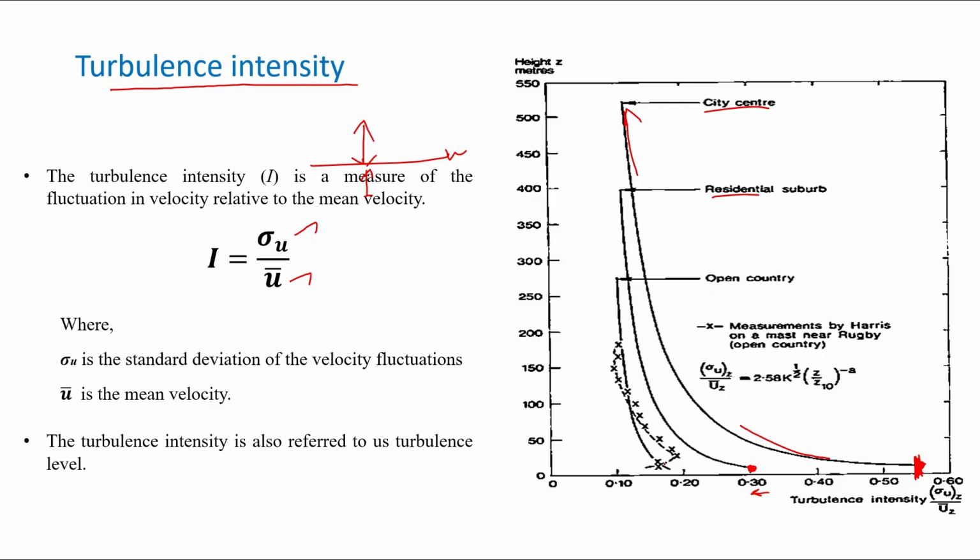Then for open country, flat surfaces, the turbulent intensity is further reduced, and it further reduces as the altitude increases. So this is how the turbulent intensity varies for different terrain types and different altitudes. Okay, so city center has more turbulent intensity, flat surface has less turbulent intensity. As altitude increases also, the turbulent intensity keeps on reducing.